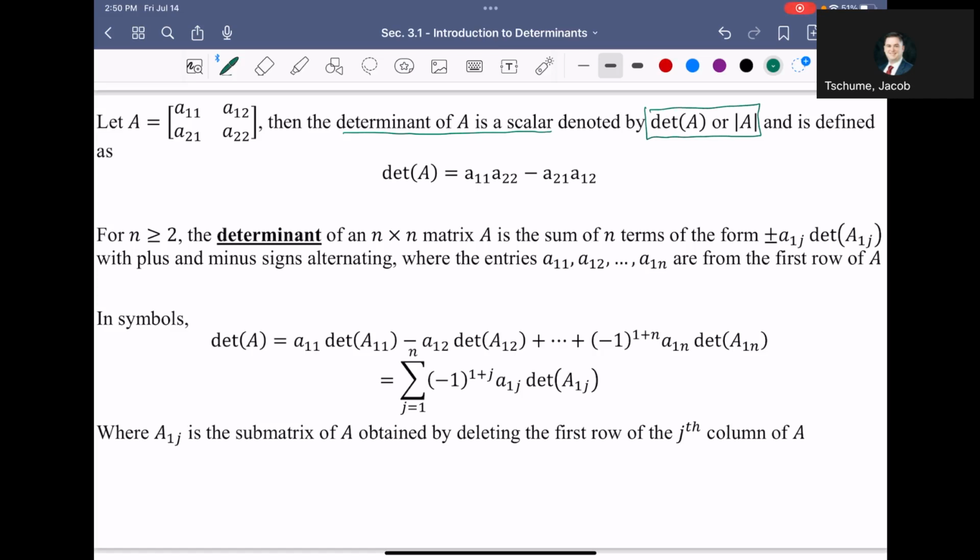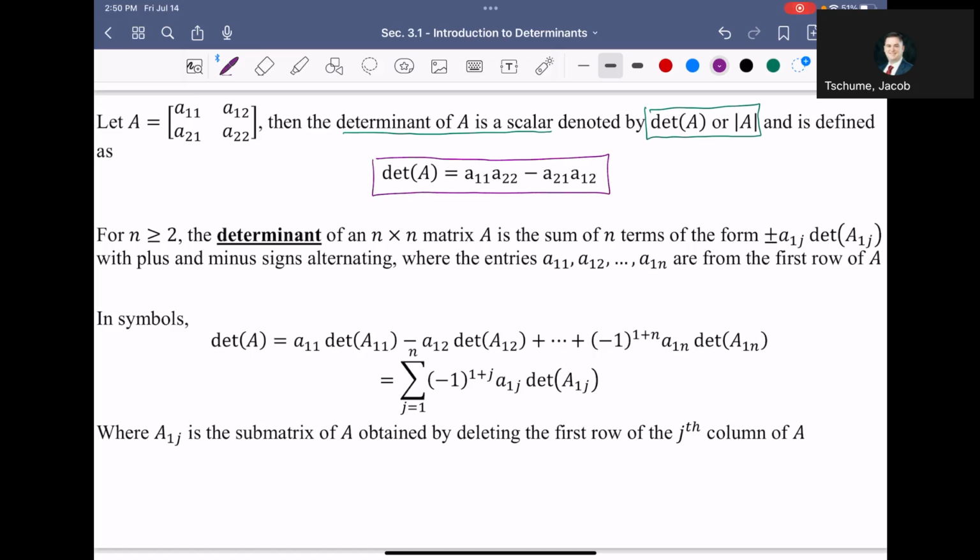Now, I talked about this briefly when we were doing the shortcut way of doing the inverse of a matrix back in section 2.2, but to give an official definition for the first time, if you want to find the determinant of a 2 by 2 matrix, you can always do that by doing the following operations.